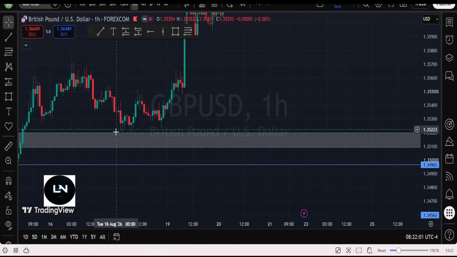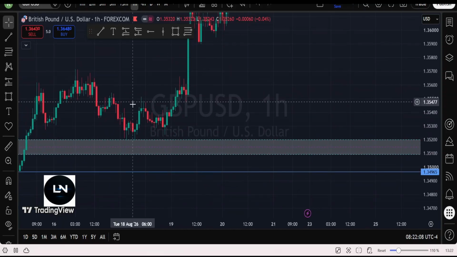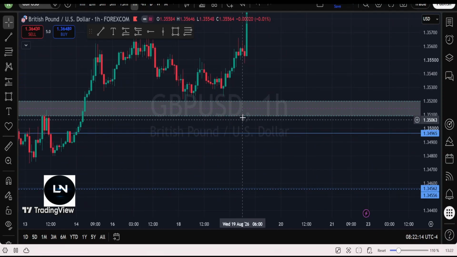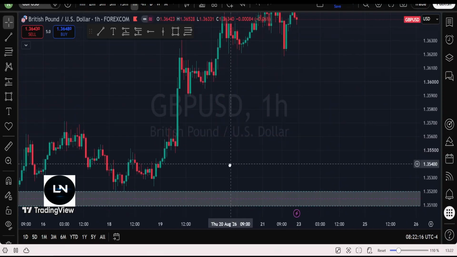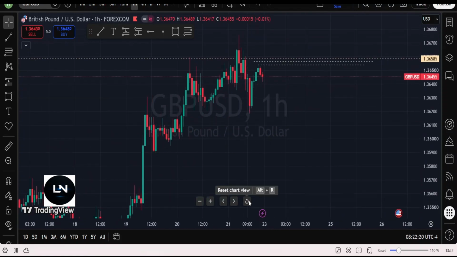What lies here? They are all liquidity, or what we can call equal lows also. So we want to see price running into this level to run out this liquidity. It might get to this level, but this is the first primary area we are looking at before we can look at it as an opportunity to buy the market again.